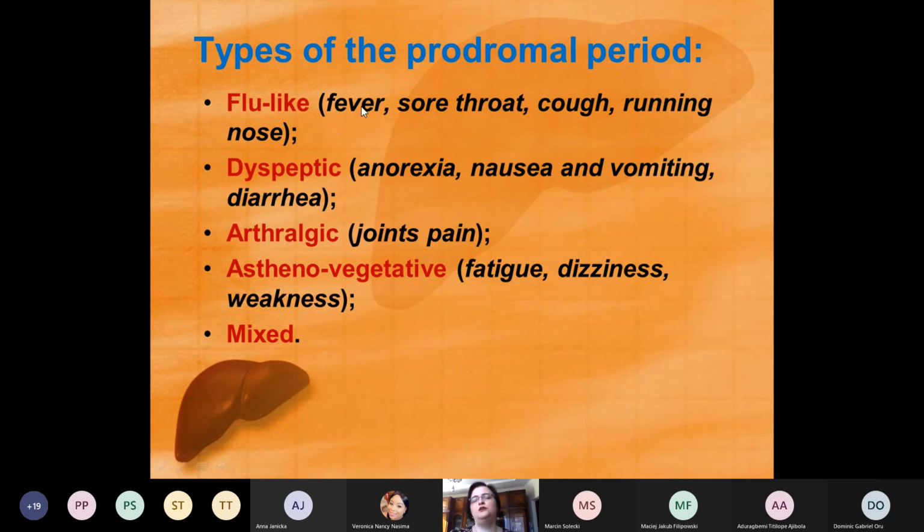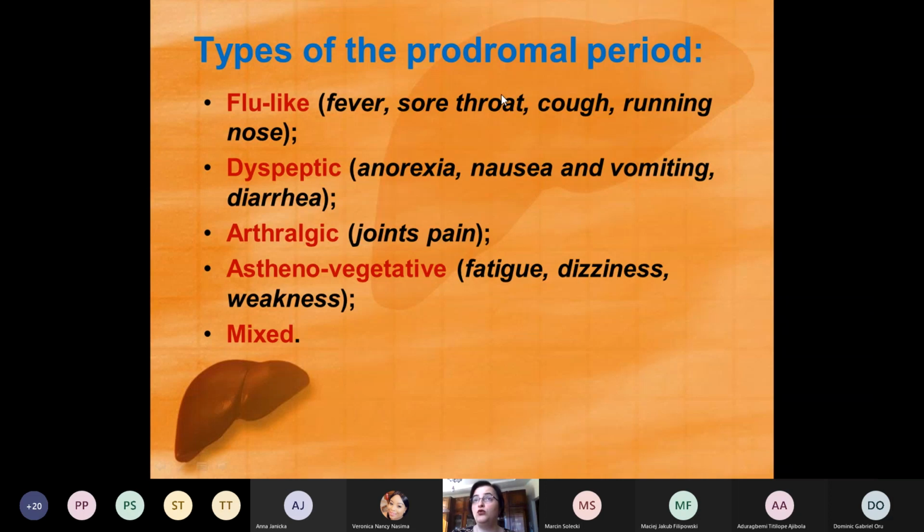In the prodromal period, sure, we have to differentiate with flu, with all other acute respiratory viral diseases, like COVID in our times. During flu there can be fever, even sore throat, cough or running nose. These flu-like symptoms will be during the prodromal period.